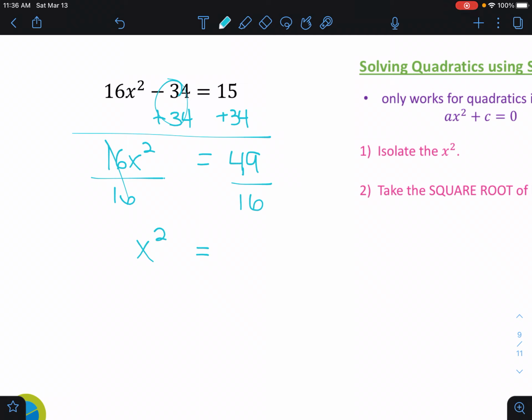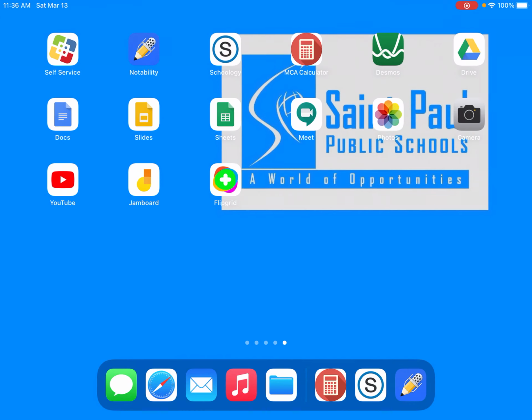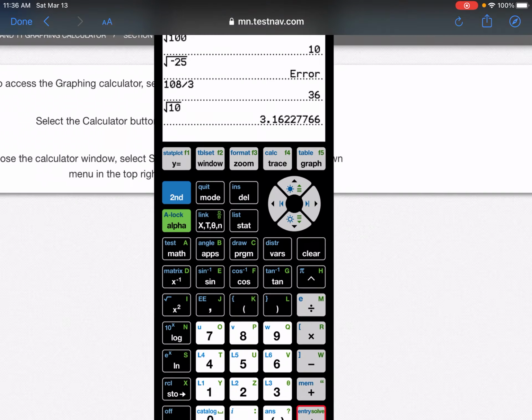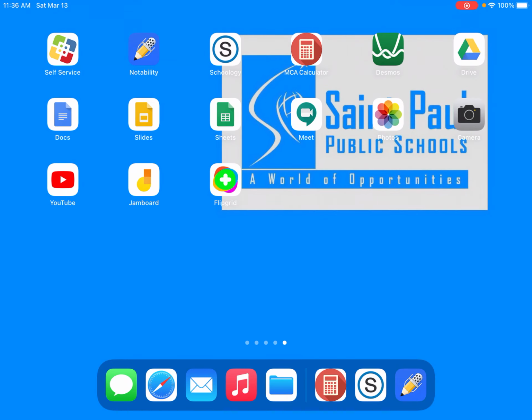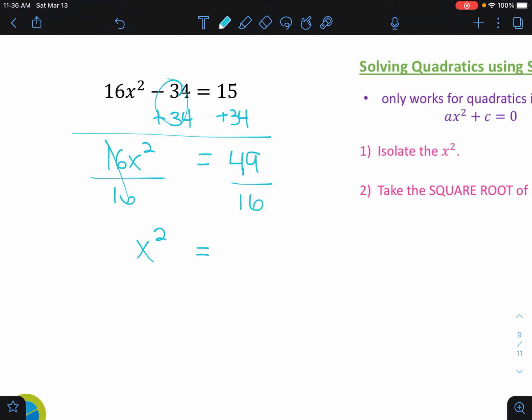Now if you type this into your calculator, 49 divided by 16, you get that. You might notice, though, that both 49 and 16 are perfect squares, right? They both have a perfect square root. So this is okay if you didn't notice this, but I just wanted to show you. You just left it as 49/16 and now took the square root of both sides.